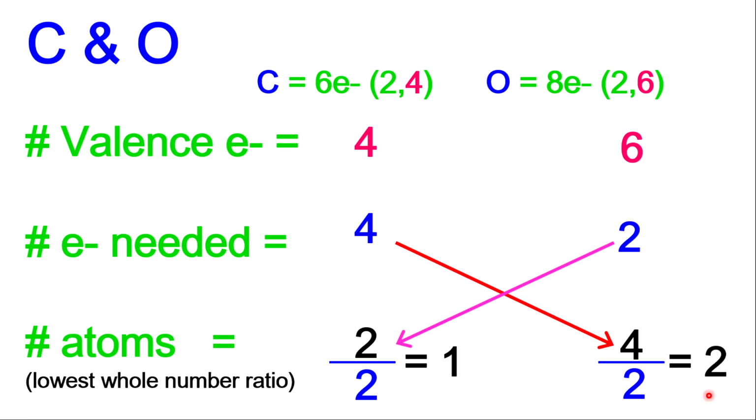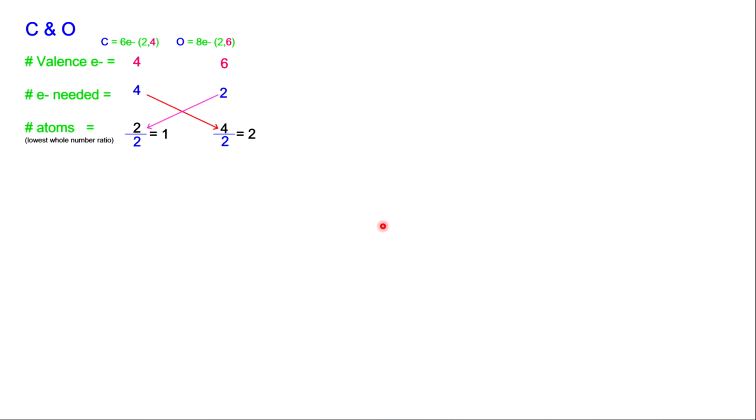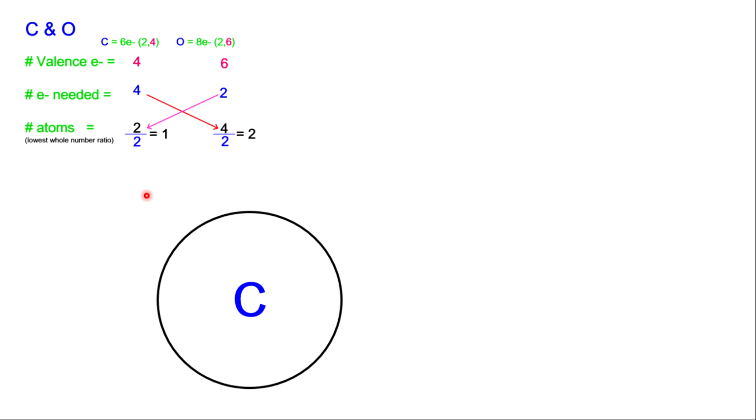So let's go into a drawing segment. Again, to remind you what we're working with, we draw 1 carbon atom, so always draw the lowest one first. So we draw that 1 atom of carbon, and attached to this 1 atom of carbon will be 2 atoms of oxygen.